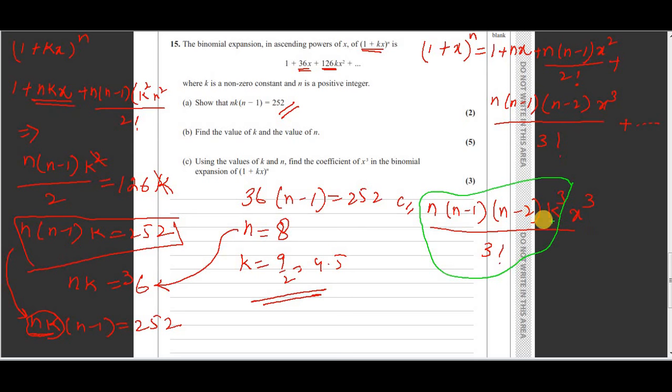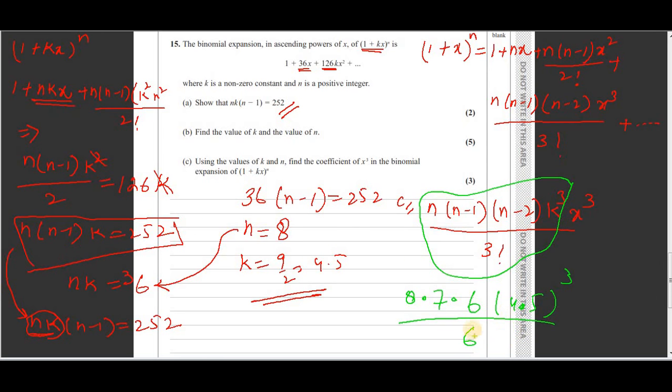So n is 8, that means 8 into 7 into 6, k cubed, 4.5 cubed, divided by 3 factorial, which is 6.